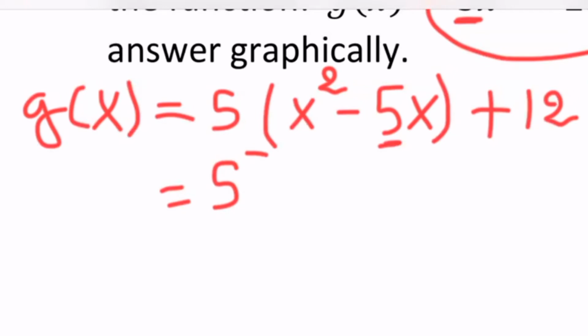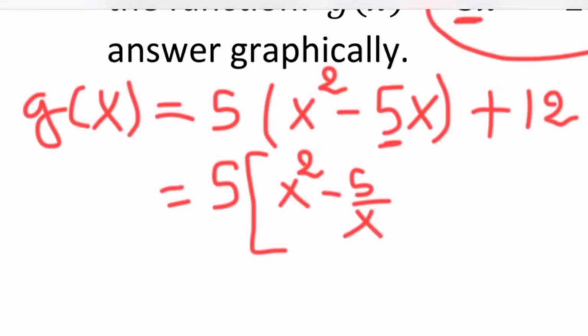So we have 5 bracket x squared minus 5x. Then we add 5 over 2 squared, which is 25 over 4.